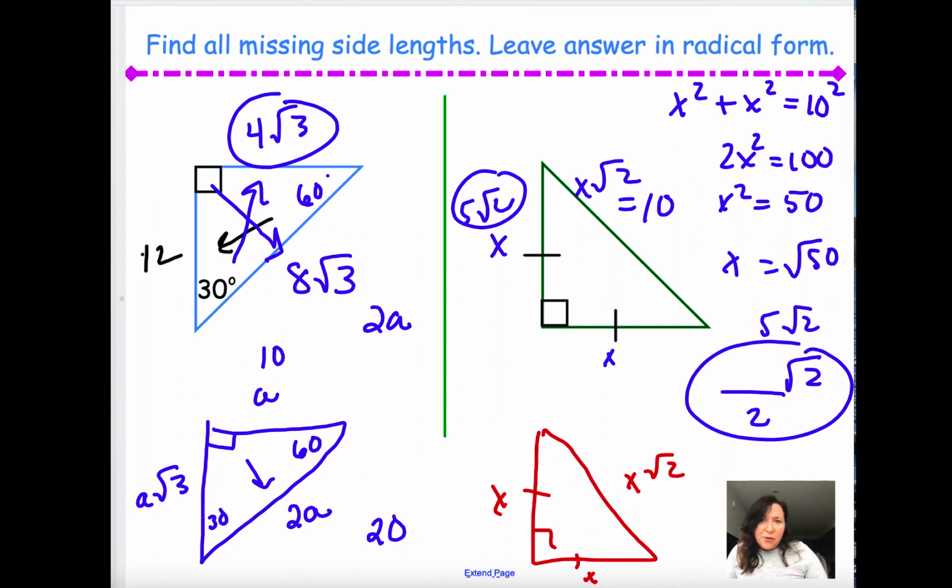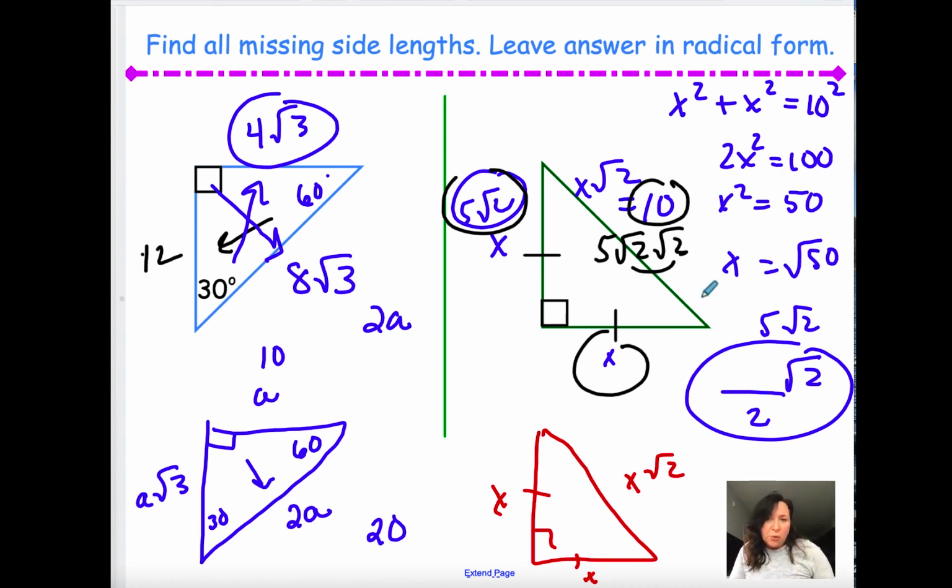Additionally, if you wanted to check your answer, this would be 5 root 2, this would be 5 root 2, and this would be 5 root 2 root 2. And root 2 times root 2 is root 4, which is 2. 2 times 5 is 10. And so you can check your work with that.